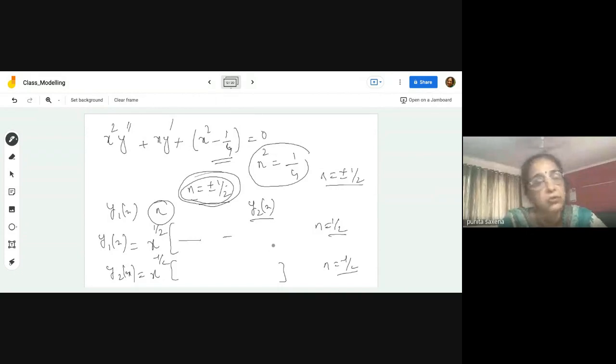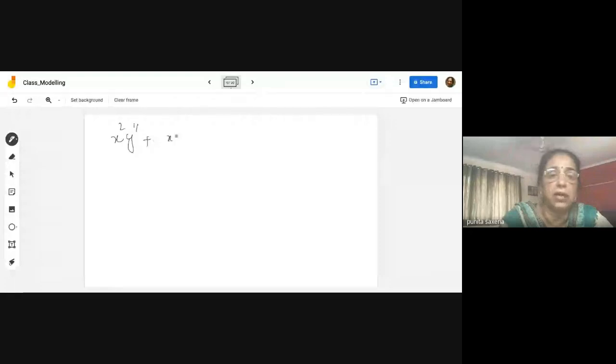Okay, so you don't have to solve them now because you have obtained a general solution. Similarly, if I change the term here, you can try solving this also. Say x square y double dash plus xy dash plus (x square minus 1 by 16) y equal to 0.